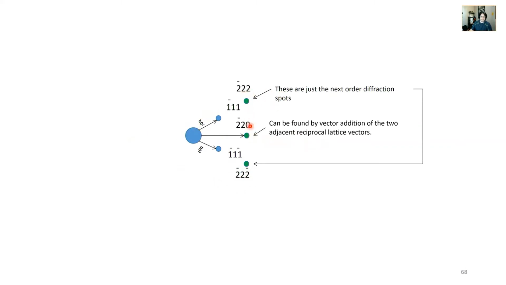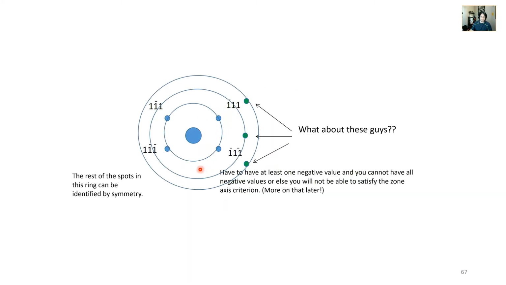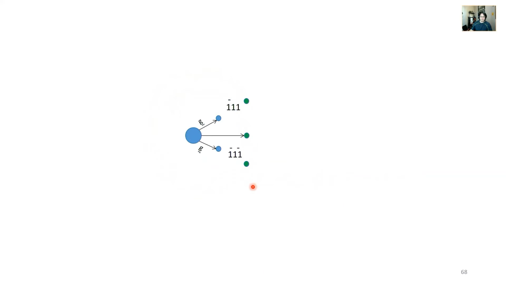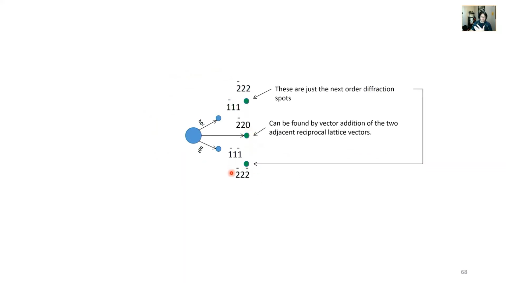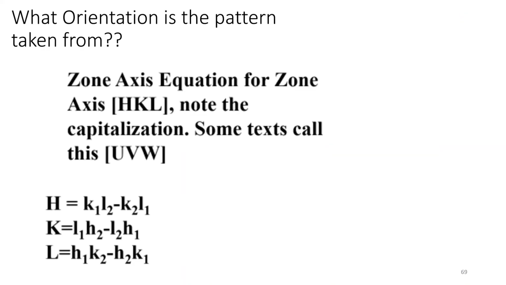So this is the true second order diffraction of this first spot. So again, we had rings. This is kind of a second order if you think about it, because it is 2. So they're both second order diffractions, if you want to look at it that way.